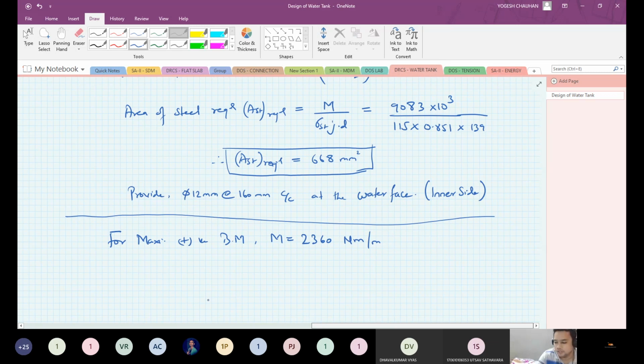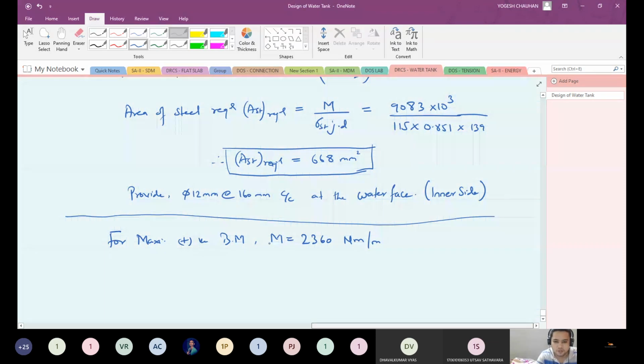So we stop here. In one more class, we'll go through the tables, how to solve these examples using the tables directly, and how you can use the tables given in IS 3370 part 4 to solve this.